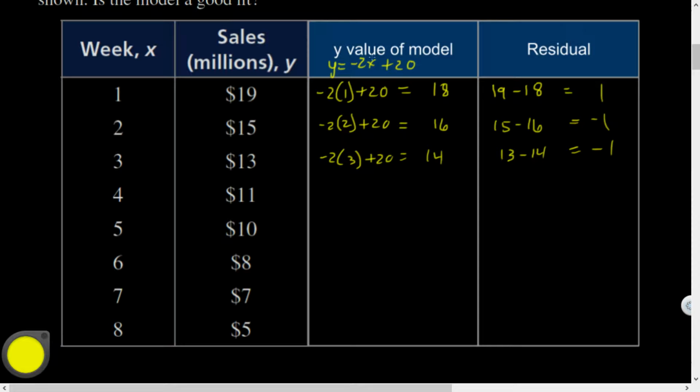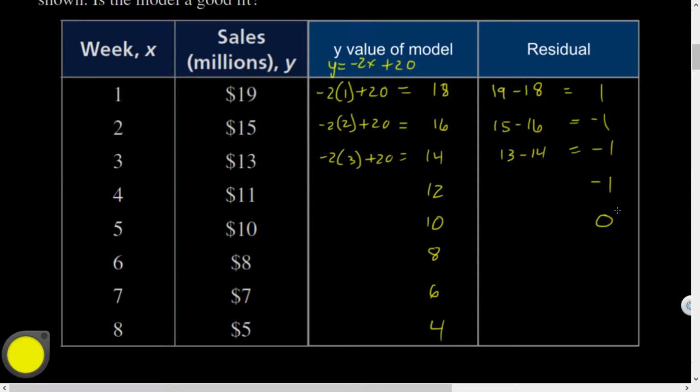Now, I happen to know that since the slope is negative 2, and since these are counting by ones, this number is just going down by 2 every time. So this is going to be 12, this will be 10, this will be 8, this will be 6, and this will be 4. And now let's see what we get. 11 minus 12 is negative 1. 10 minus 10, oh, we got one.